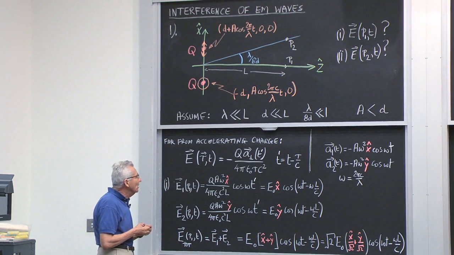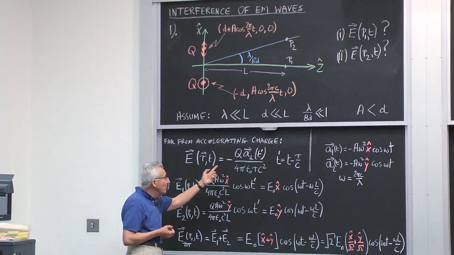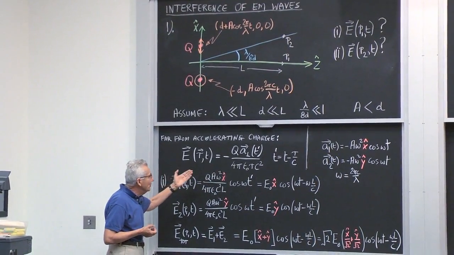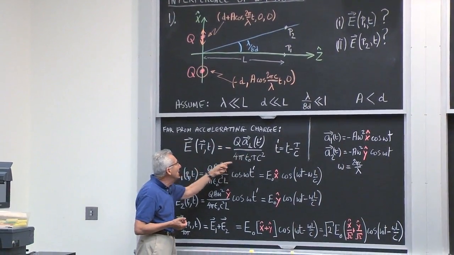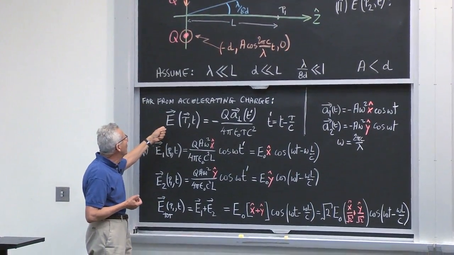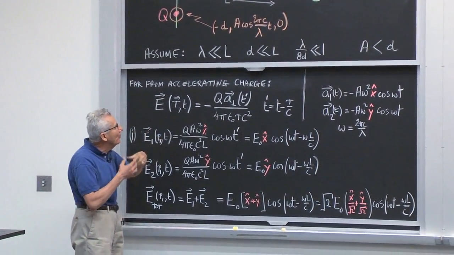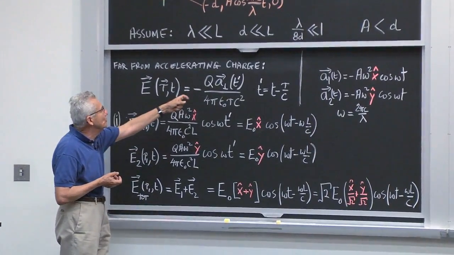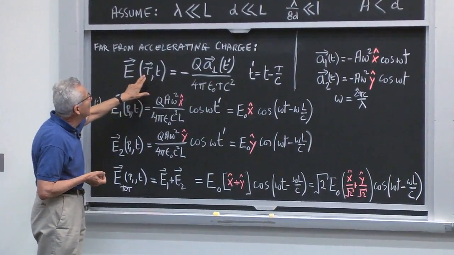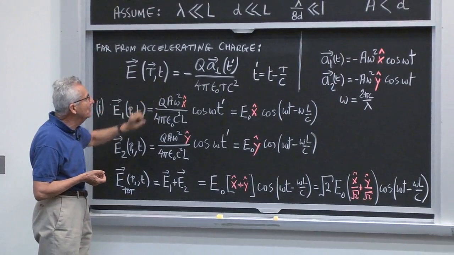Whenever a charge is accelerating, it radiates. And this is the formula which tells you what is the electric field from a given charge which is accelerating at some position r and t.